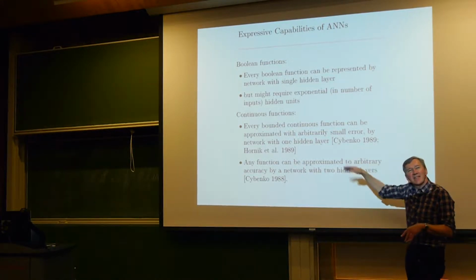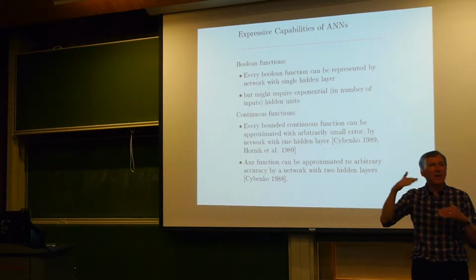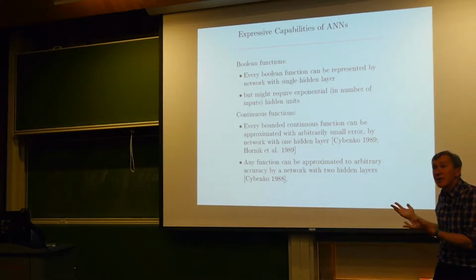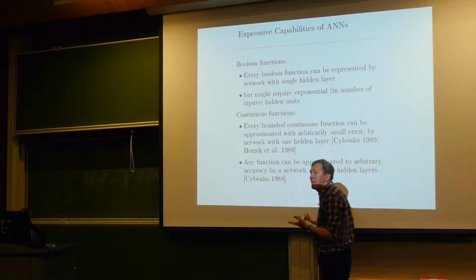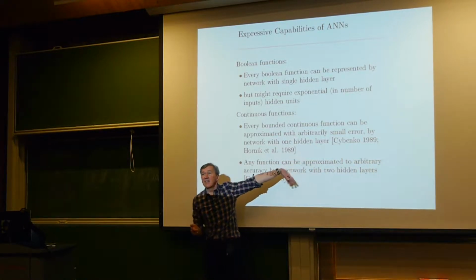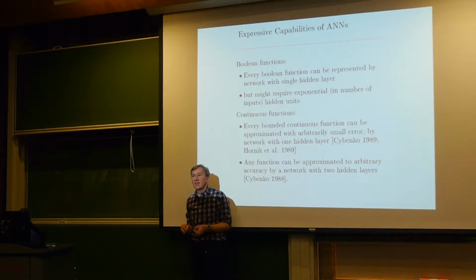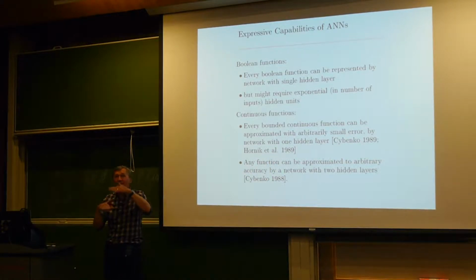So these results actually justify using not very deep networks, at least in terms of the representational capacity of the network. It can represent a very diverse set of functions with these shallow networks of sigmoid functions.